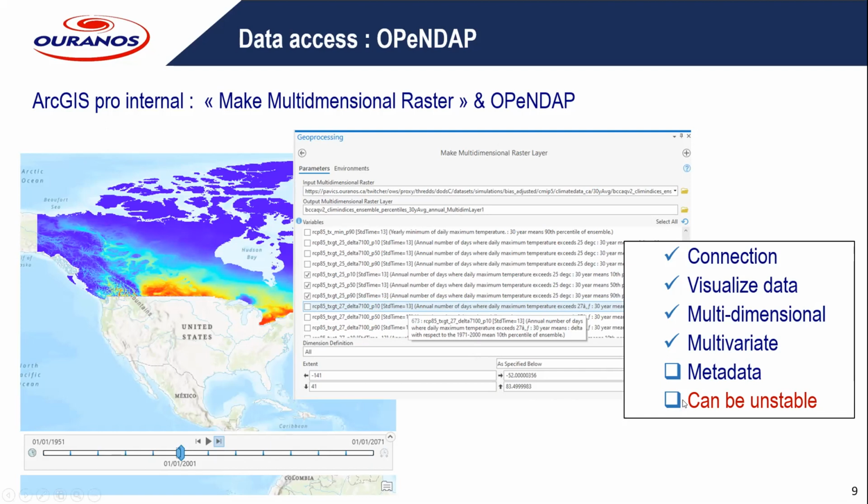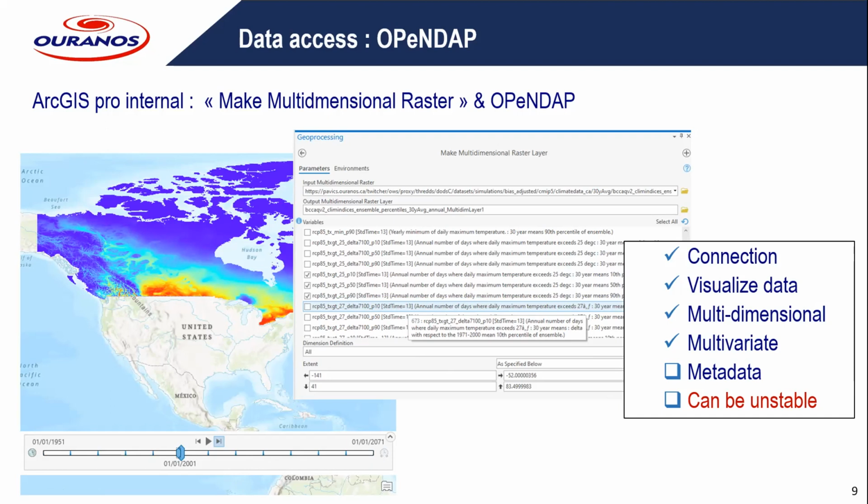And then the real difficulty we found was that this kind of remote access to these data layers could end up making ArcGIS Pro pretty unstable. The minute we got beyond two or three or four of these remote data layers within the map frame, ArcGIS Pro would typically crash fairly regularly.